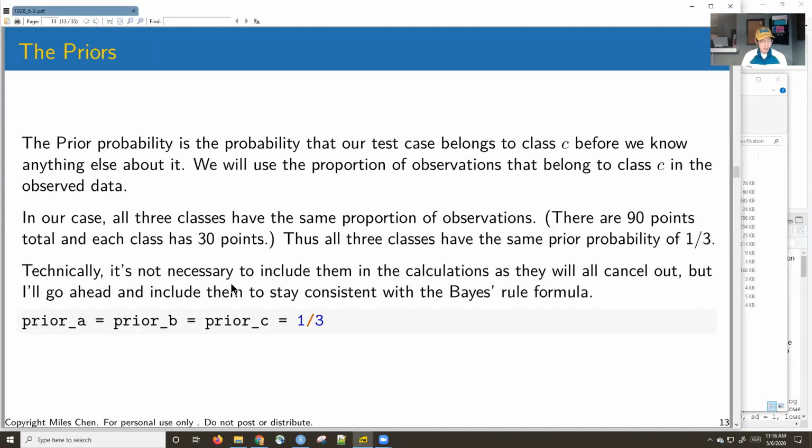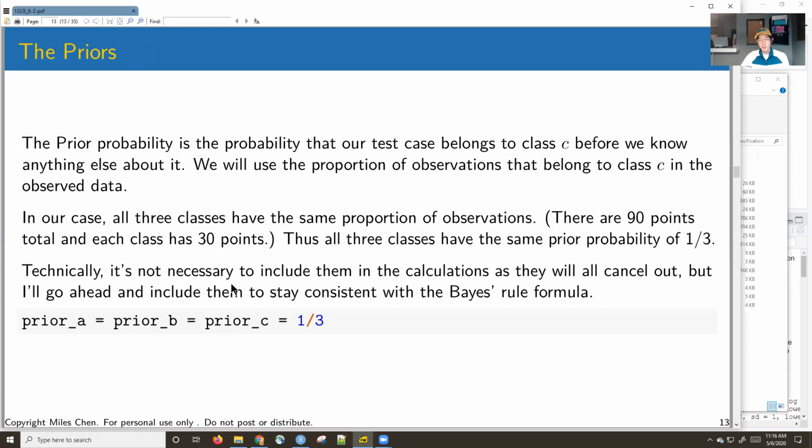In our simulated data, all three classes, the red, the blue, and the green, have the same proportion of observations. There's a total of 90 observations, and each class has 30 observations. So all three classes are going to have the same prior probability of 1/3.